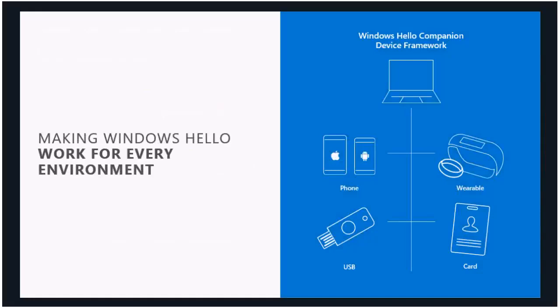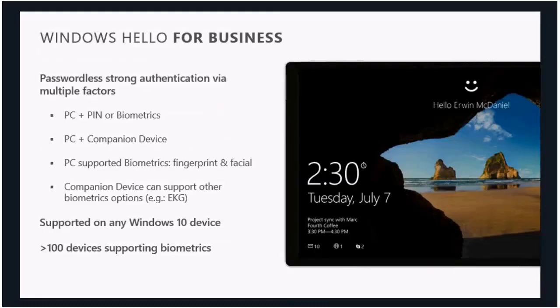So, what does a world look like that does not have passwords in it? Our solution to that is Windows Hello for Business. We see Windows Hello for Business not just as an authentication mechanism for specific scenarios, but as an authentication mechanism for every single scenario on lots and lots of different platforms. Over the next couple of slides, we'll quickly describe how that is going to be the case.